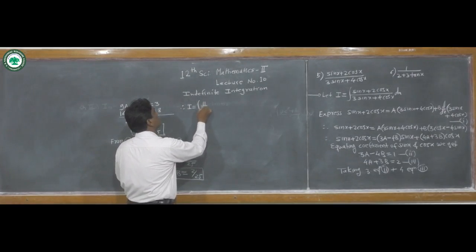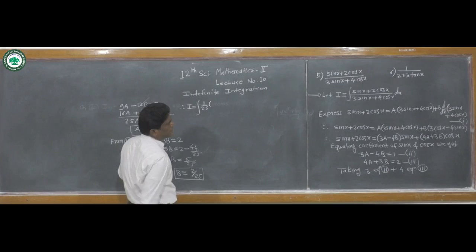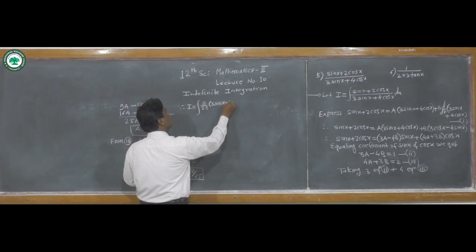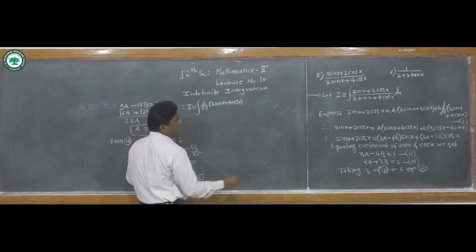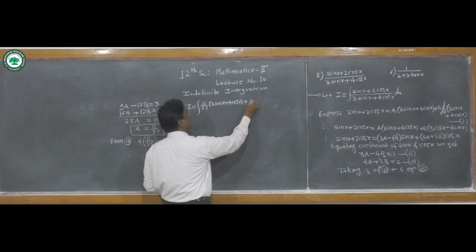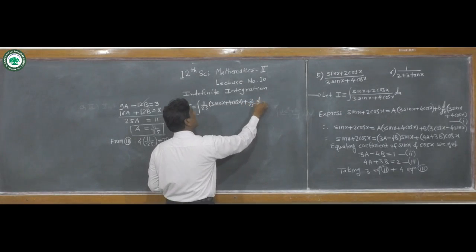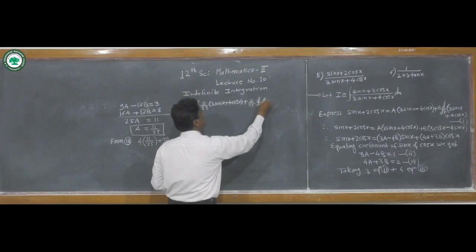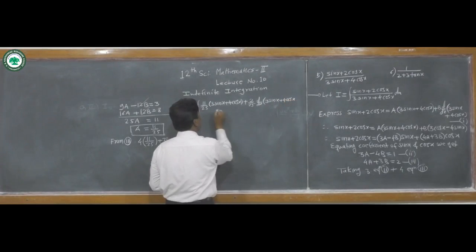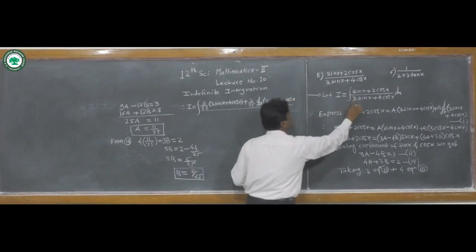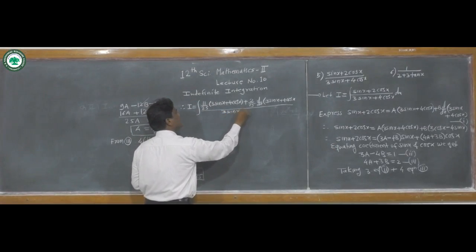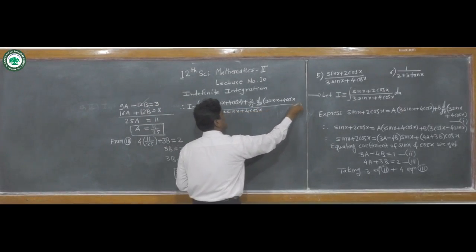So 11 upon 25 in the bracket 3 sin x plus 4 cos x, plus b. b is 2 upon 25, so 2 upon 25 into d by dx of 3 sin x plus 4 cos x, and the whole divided by the denominator 3 sin x plus 4 cos x, and dx here.